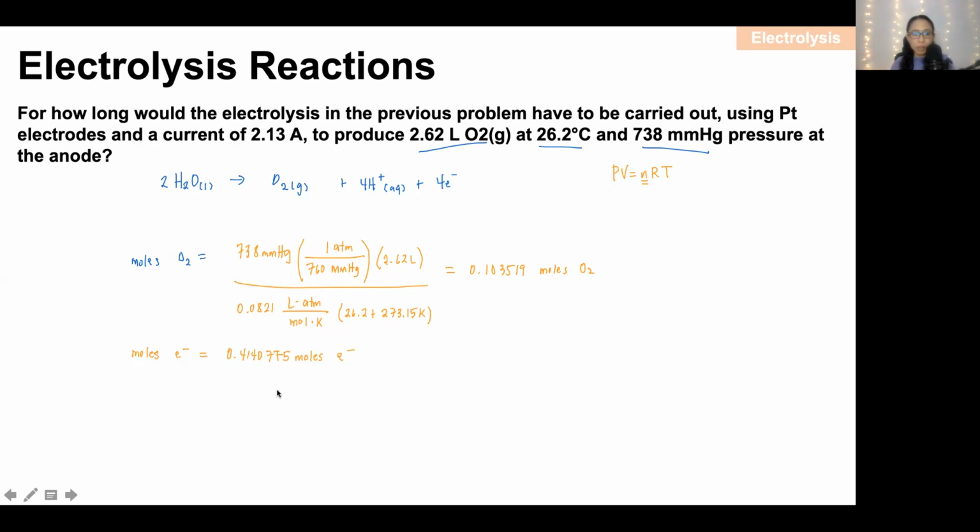So the formula was moles of electrons is equal to current, that's amperes, times time over Faraday's constant. We want to compute for time.